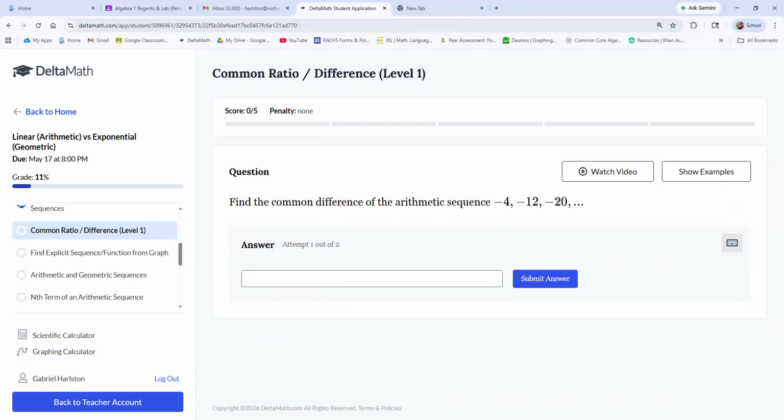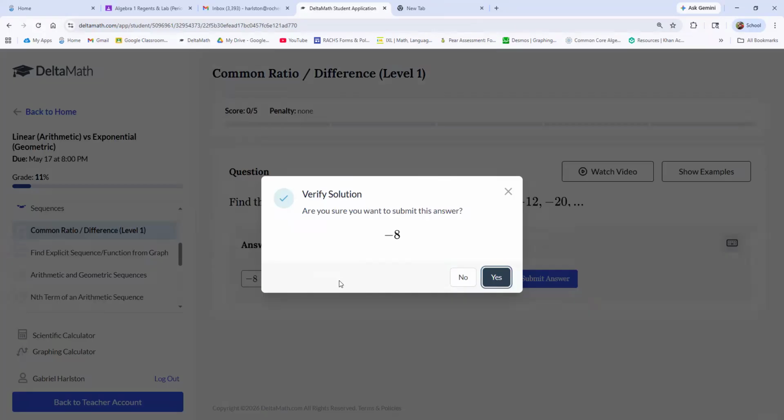So all you're going to do is -20 minus -12, which is a +8. Sorry, I said that wrong. -20 minus -12 is going to be -8. And -12 minus -4 is going to be -8. So that's the common difference. The other way of saying this is it's going down by 8. That's what you should see.